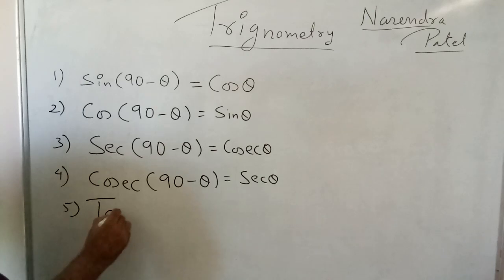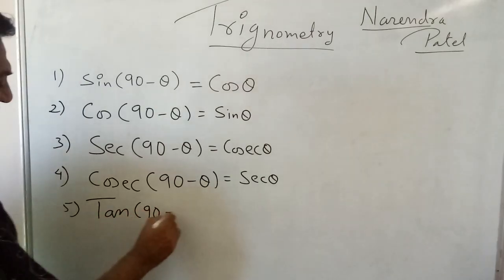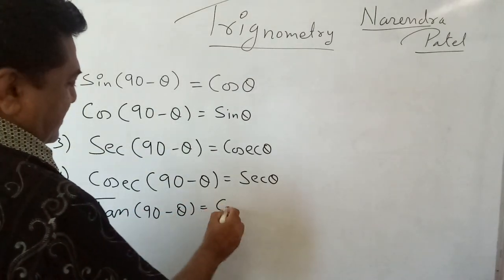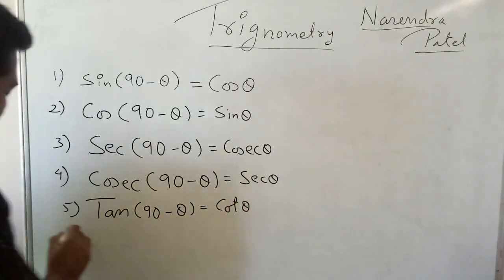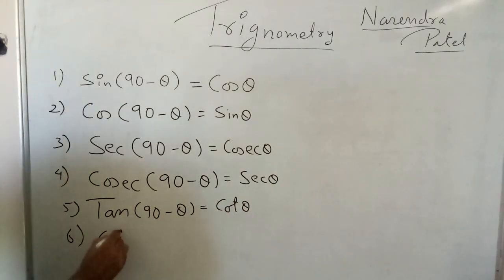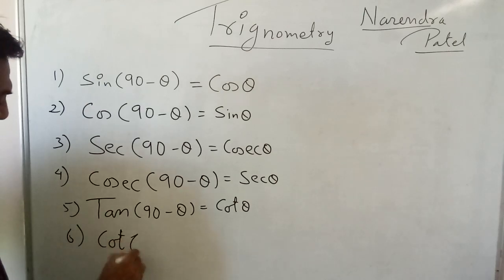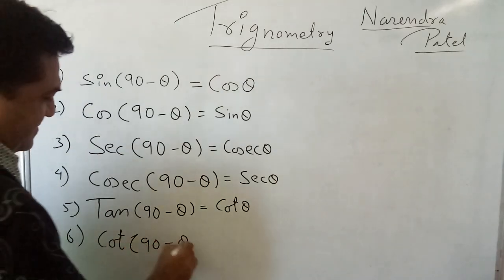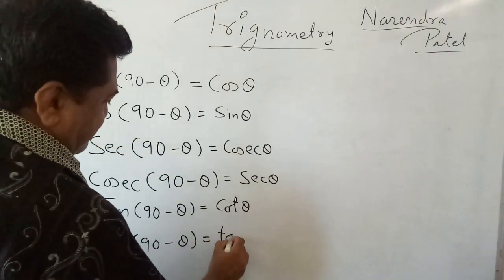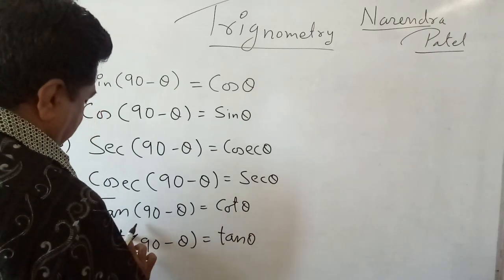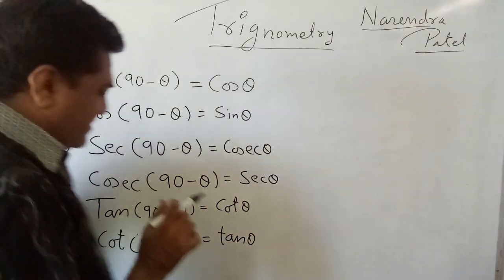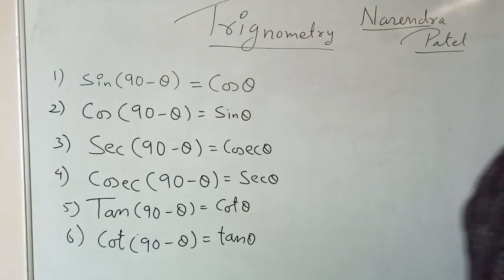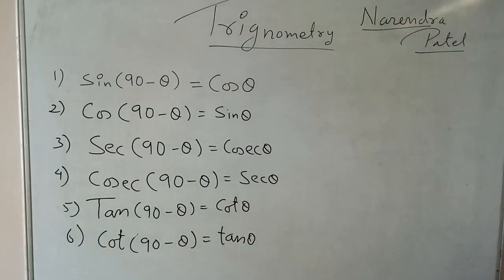Same way tan 90 minus theta is equal to cot theta, or cot 90 minus theta is equal to tan theta. This is how a trigonometric ratio can be converted into another trigonometric ratio, as written on the blackboard.